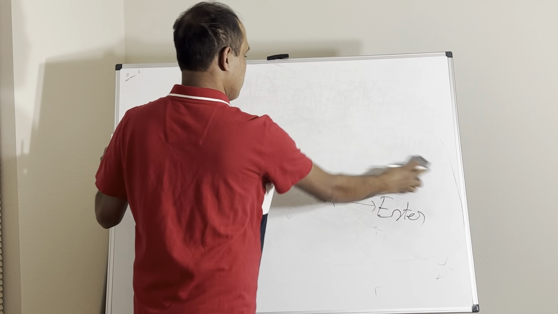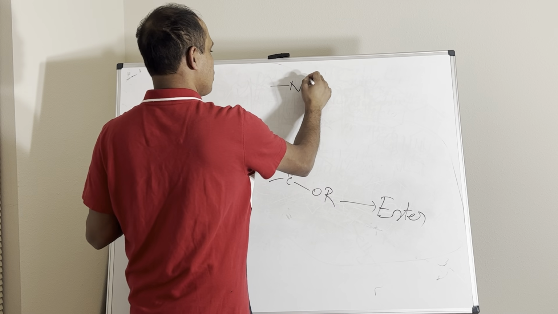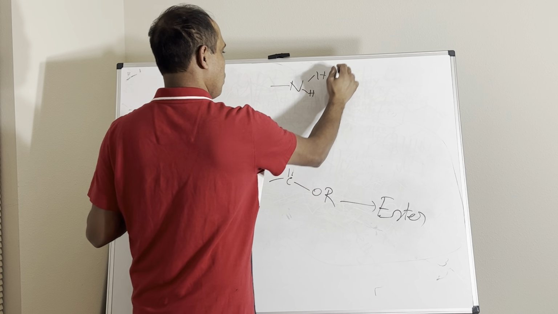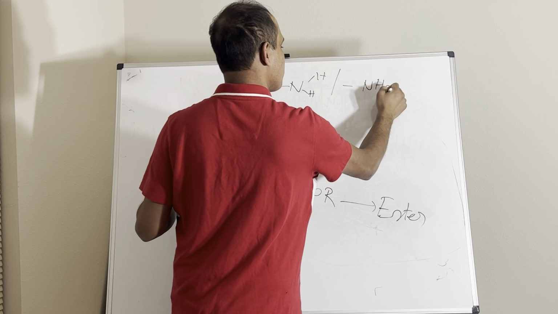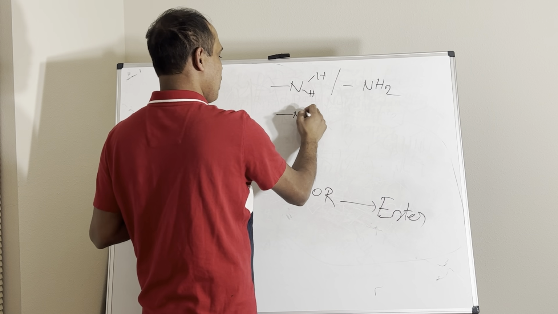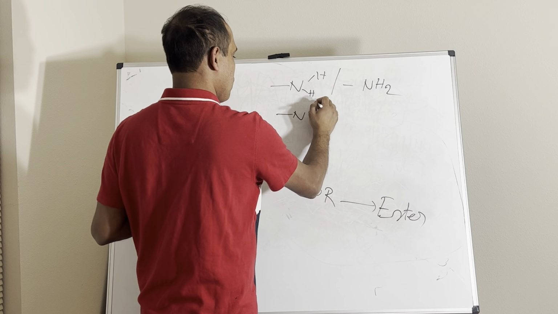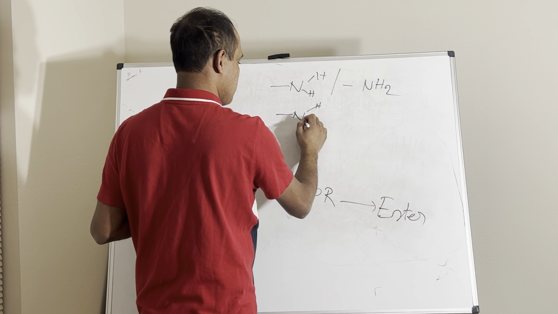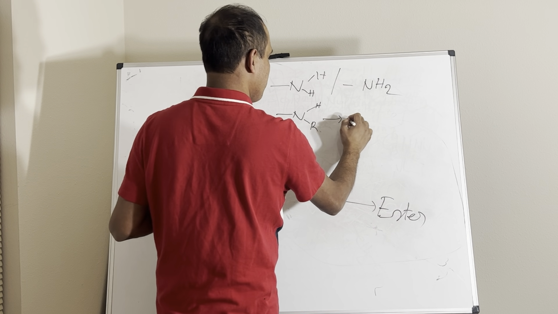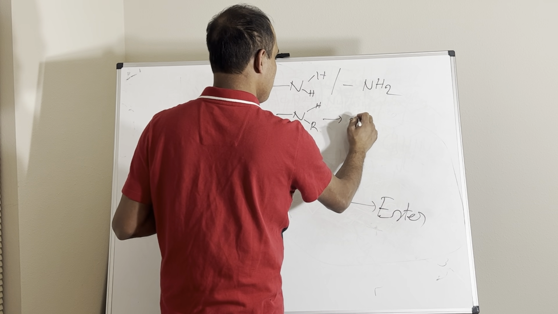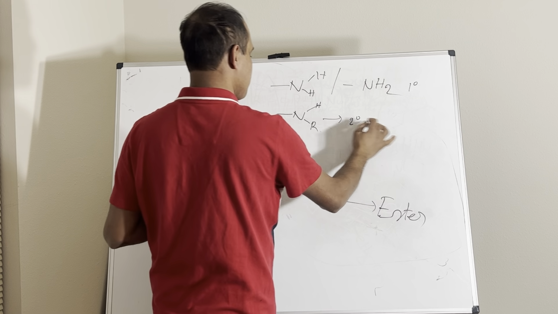And if you have NH2, the primary amine; if you have one nitrogen with a hydrogen and one R, it will be a secondary amine. This is primary amine, secondary amine.